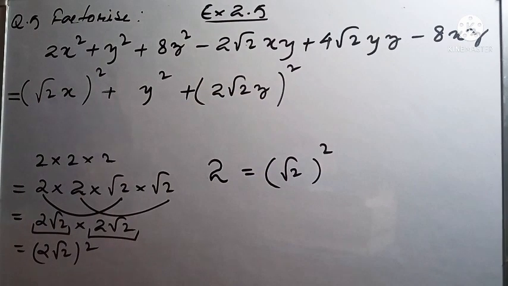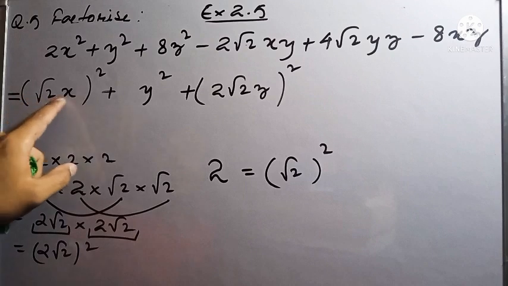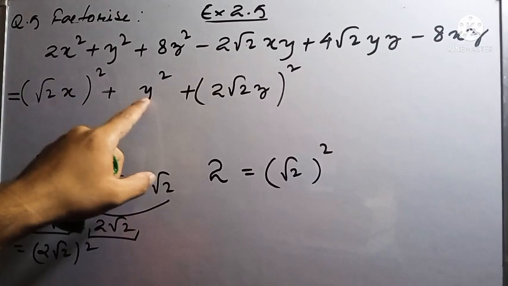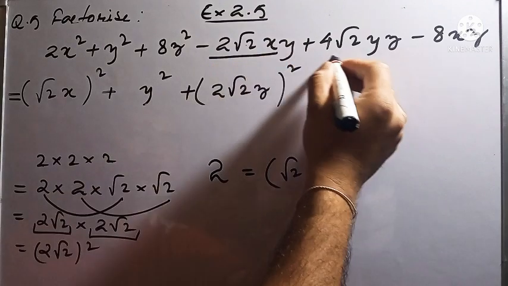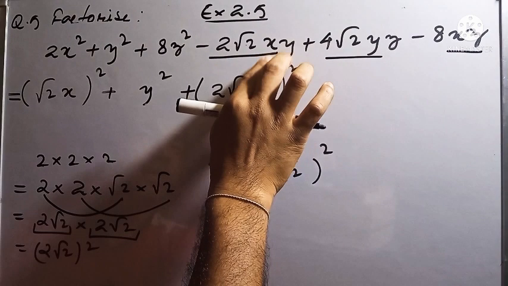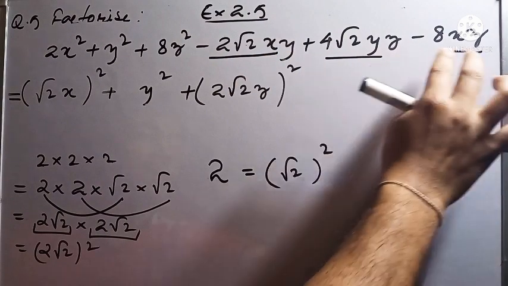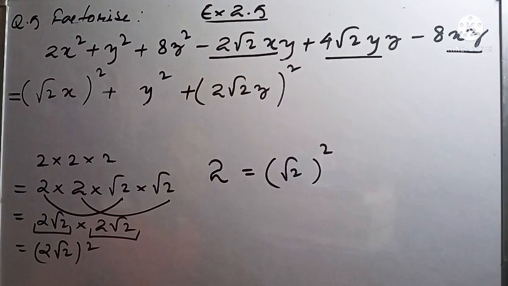Okay, now it's time to decide whether the first term will be negative, the second term will be negative, or the third term will be negative. For that, we'll see the last 3 terms. In the last 3 terms, we have xy together, yz together, and xz together. Let us find out which one of the terms is positive.